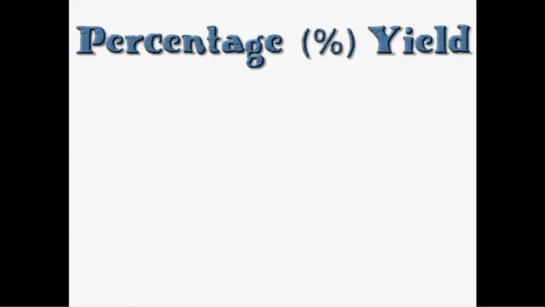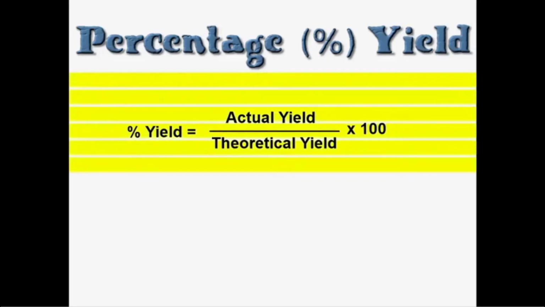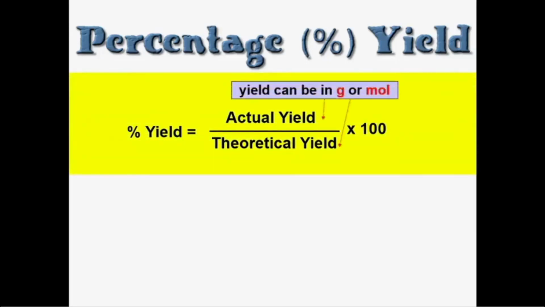Now is the time to look at the percentage yield. Percentage yield is defined as the actual yield divided by the theoretical yield, times 100%. Remember, the actual yield and the theoretical yield could be either in grams or moles.